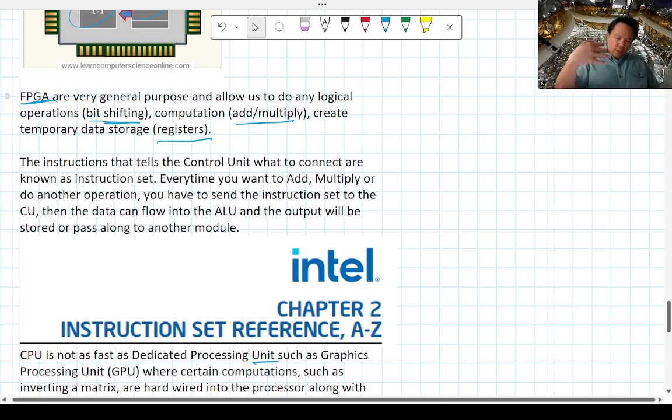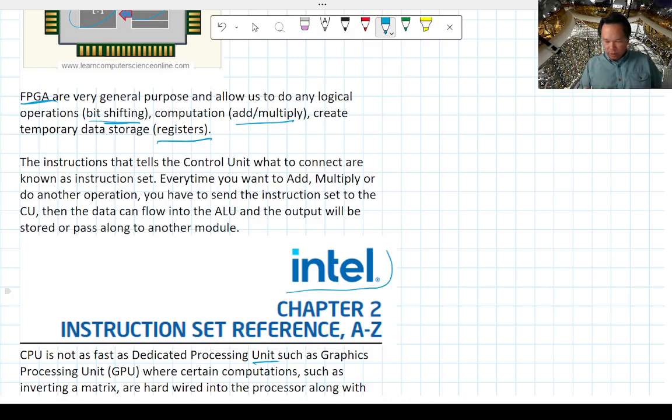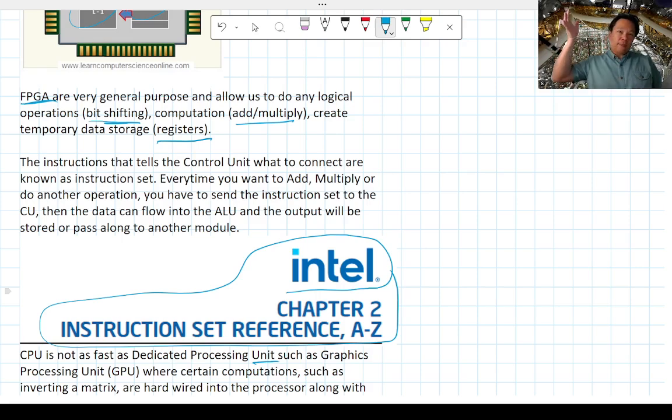And this kind of goes back to what a central processing unit is. If you ever want to work for AMD or Intel, I think about every time they produce a new processor, a lot of times they would update the instruction set.